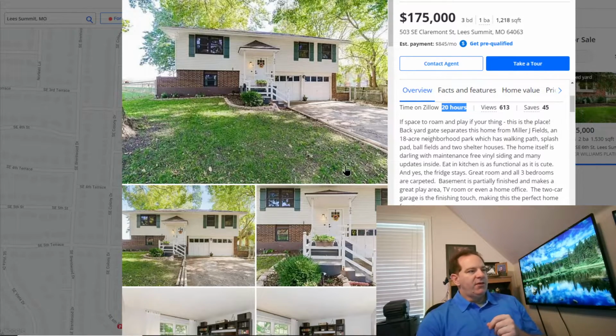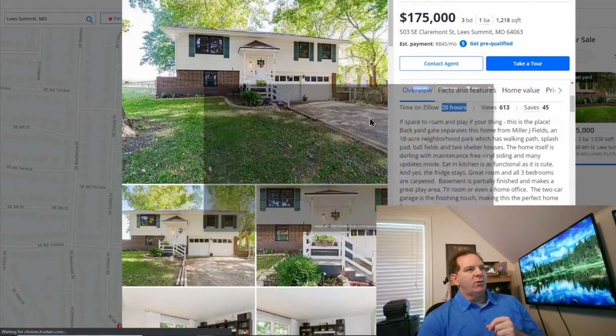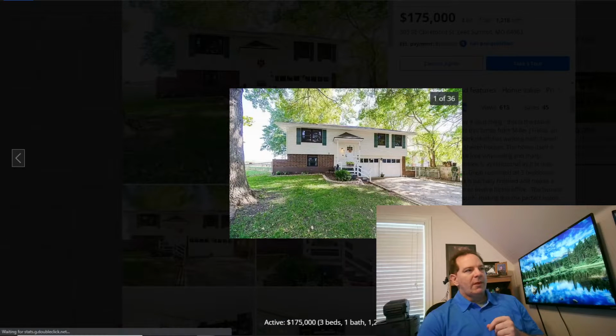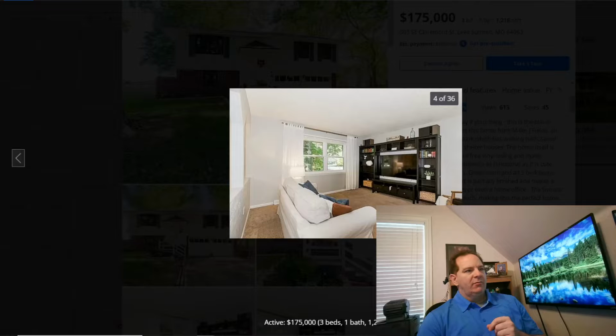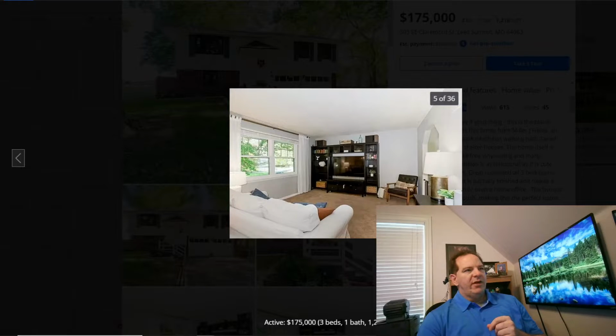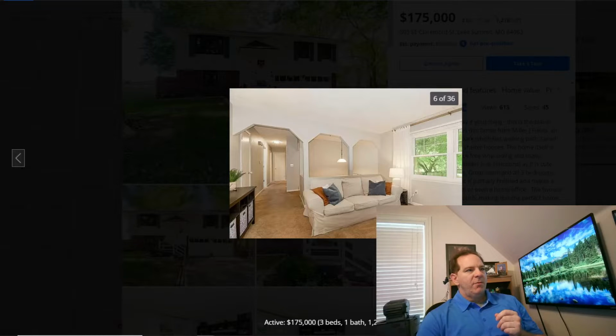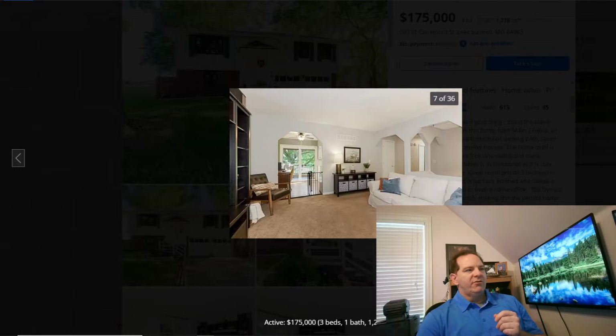You know what's wrong with the house? Let's look at it real quick. So it's listed 175. Nothing fancy, all white walls, carpet in the living room. You put a cheap wood floor in the living room. This is fine.